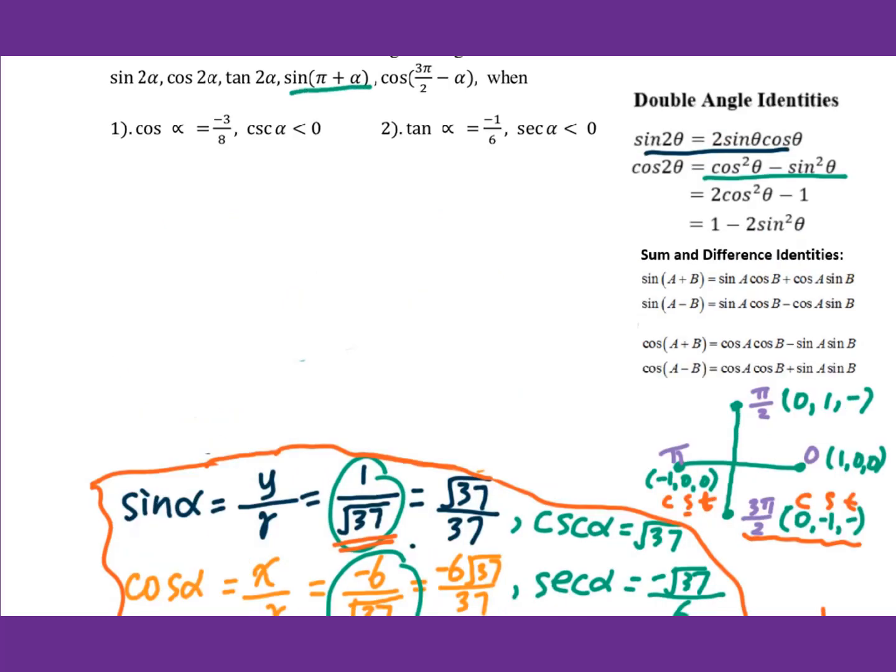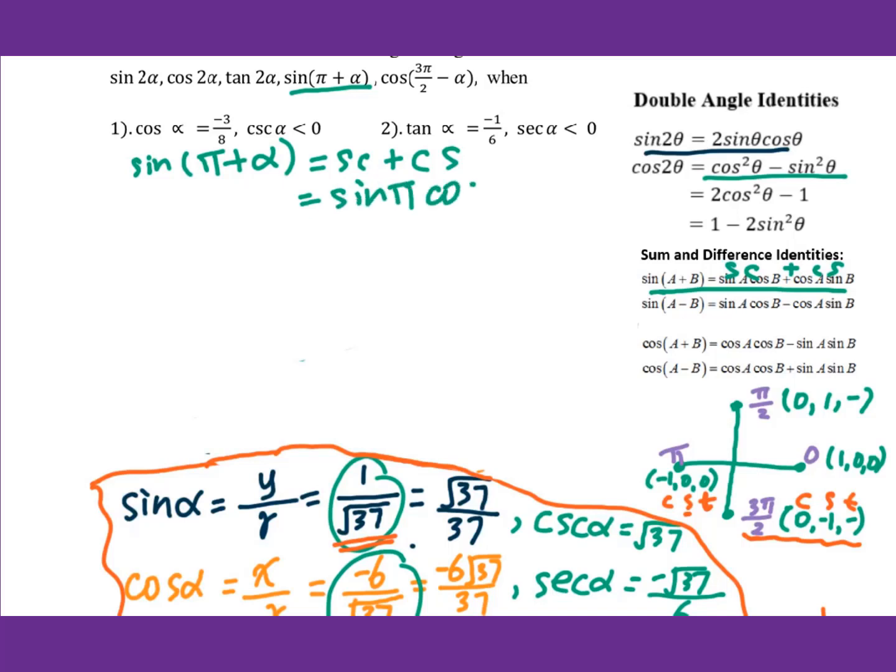Now we're working on sine of pi plus alpha. Using this formula, that's SC plus CS. So we got sine pi cosine alpha plus cosine pi sine alpha.